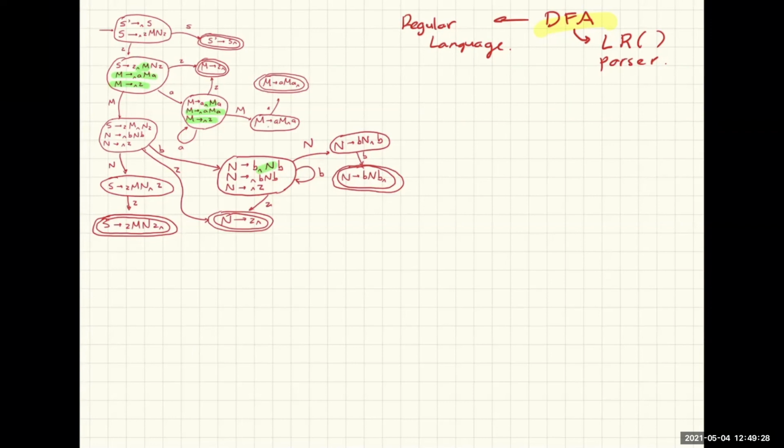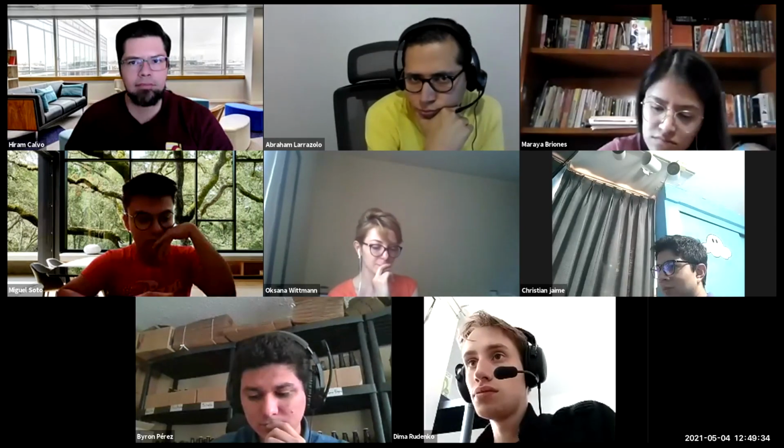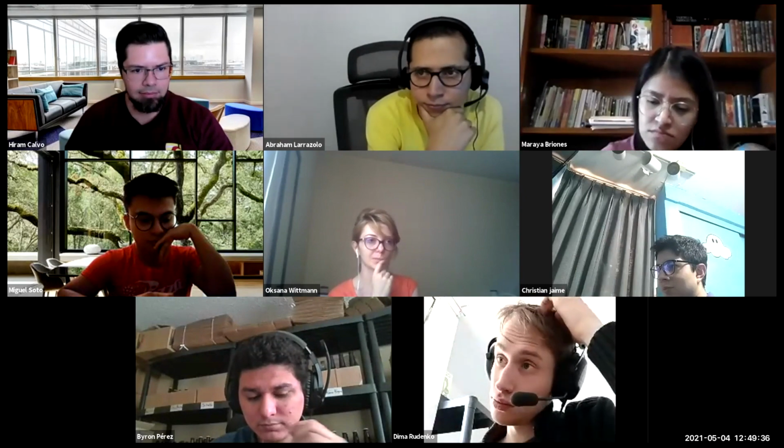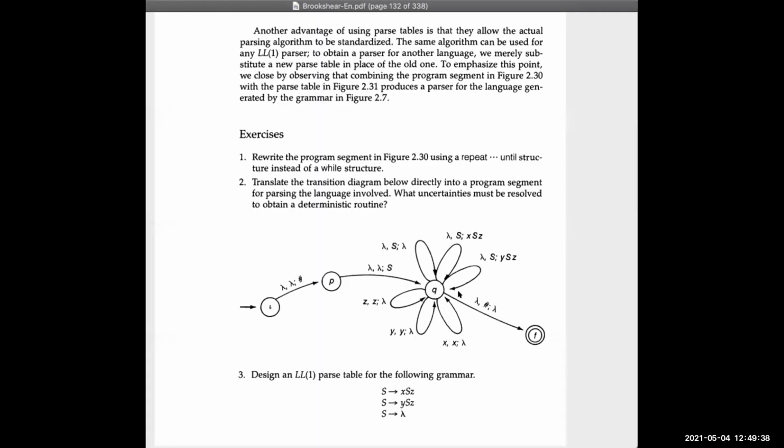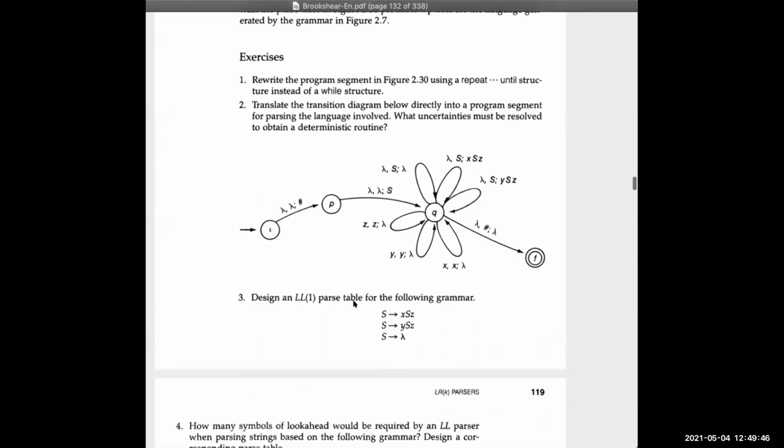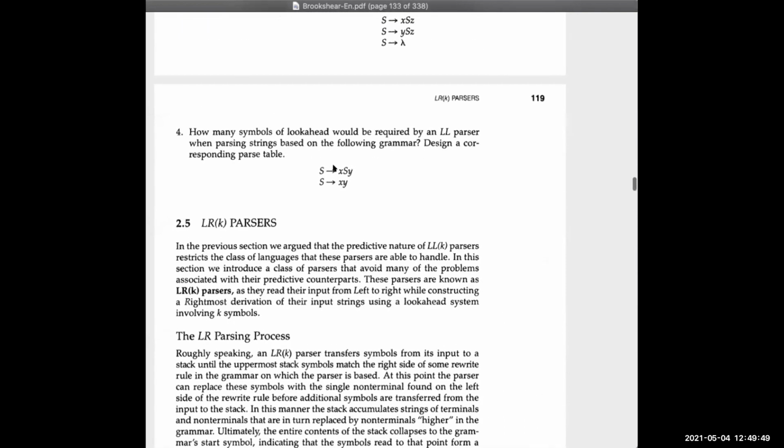I don't know how to do the analyze symbols. Ah, this LL1, right? No, problem number 4, page 118. Yes. Okay, then it's 19. Okay, yes.